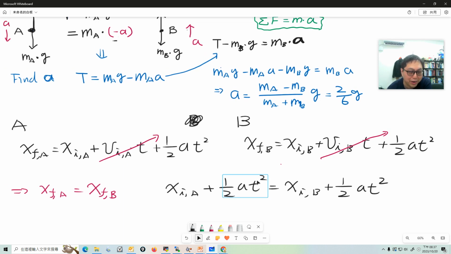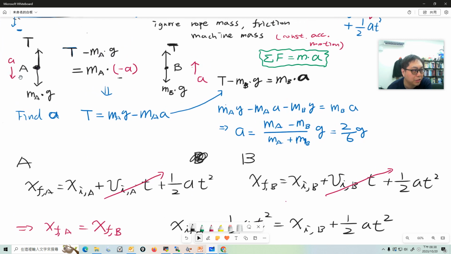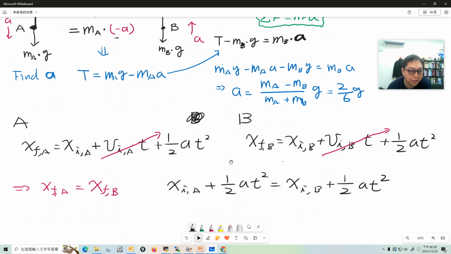Be careful here with acceleration. A is moving downward, so its acceleration is minus. Sorry, that's very important. So this is minus a, and the same here, this is minus a. That's so important.